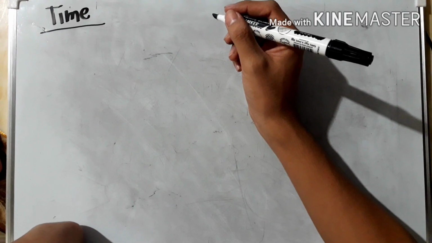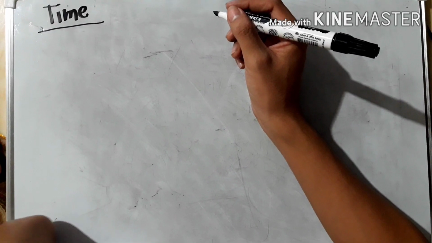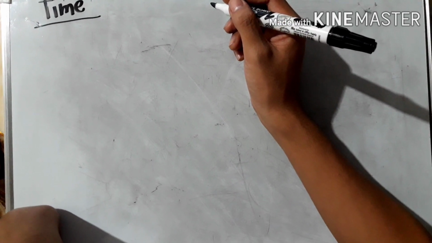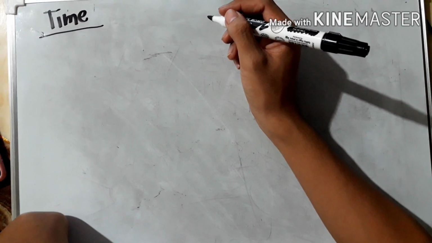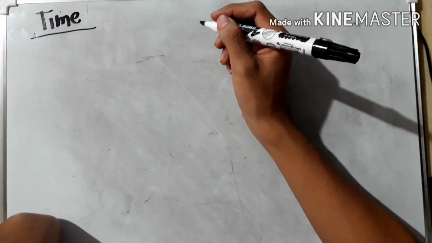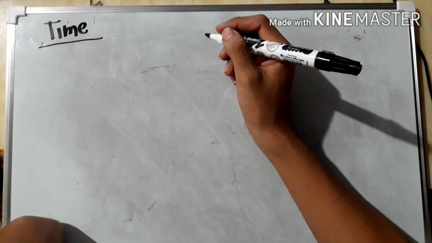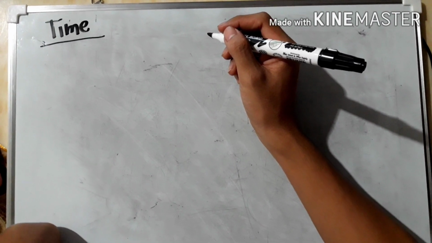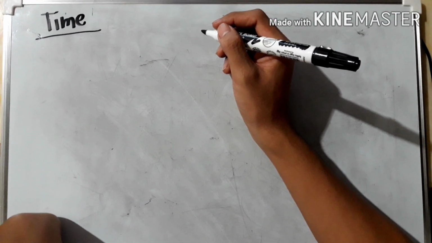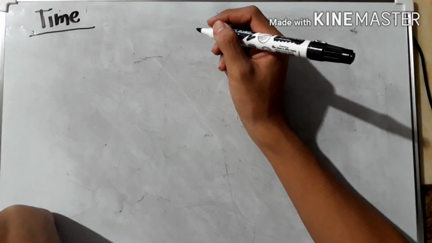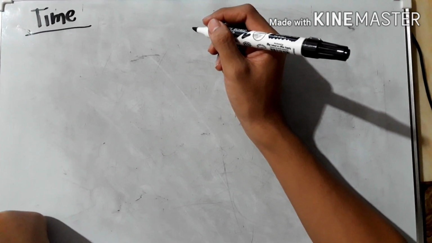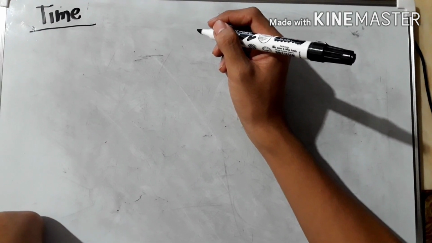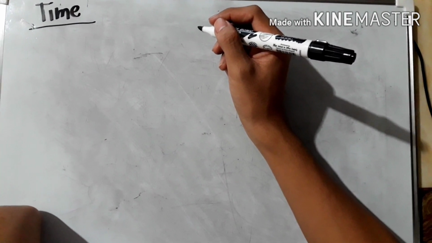Okay, next is time. So time is a very important and fundamental quantity in this physical world. So diba meron tayong kasabihan, time is gold, because everything you do is bounded with time. So time is a period during which an action or an event occurs. So diba ang ating Earth nagre-revolve around the Sun for 365 days. To be exact, meron pa siyang 5 hours, 48 minutes, and 46 seconds.